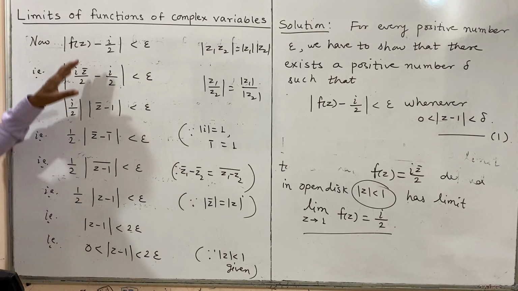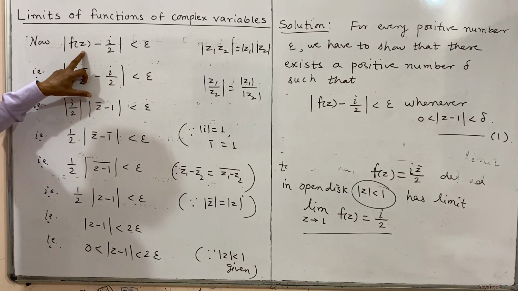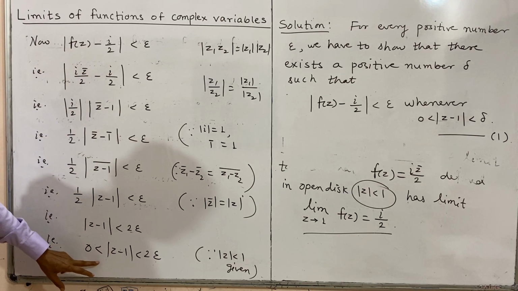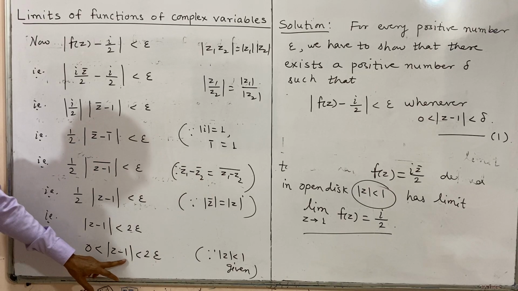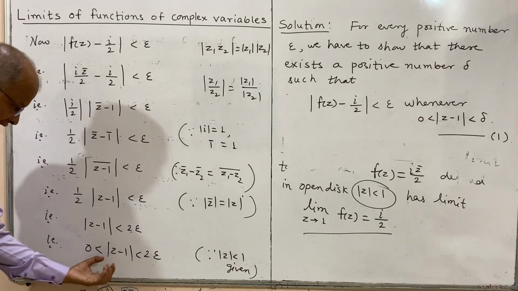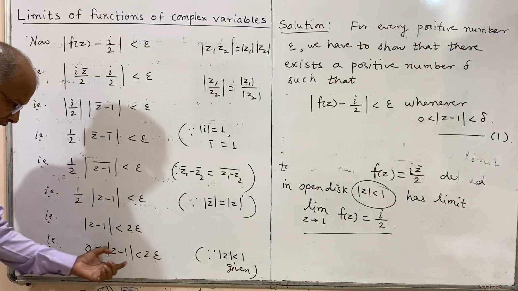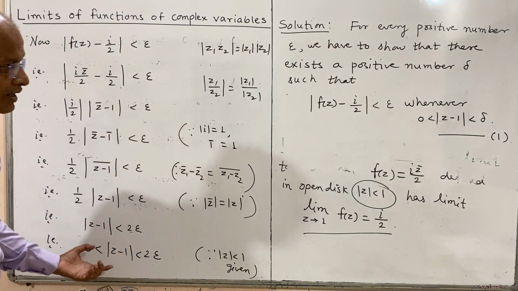Thus, after simplifying this part, we obtained that the absolute value of z minus 1 is between 0 and 2 epsilon, and the same condition is here.